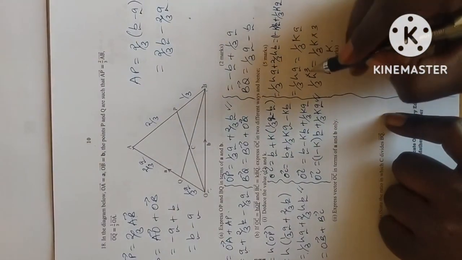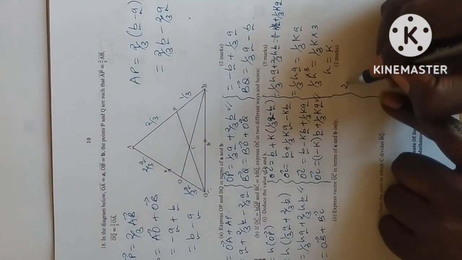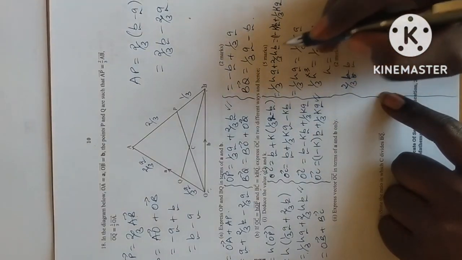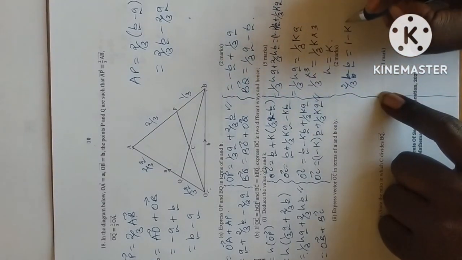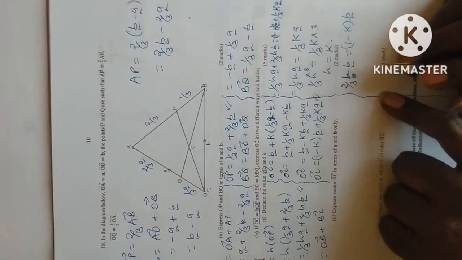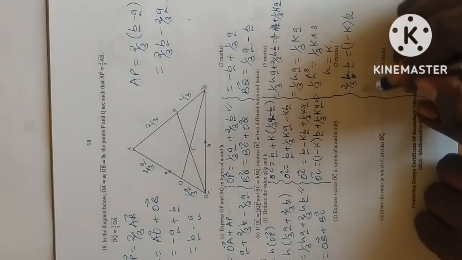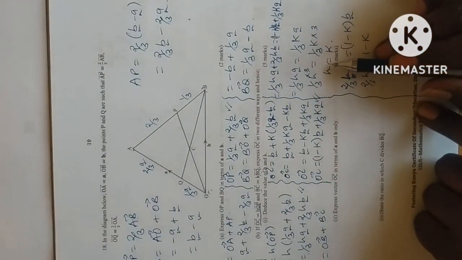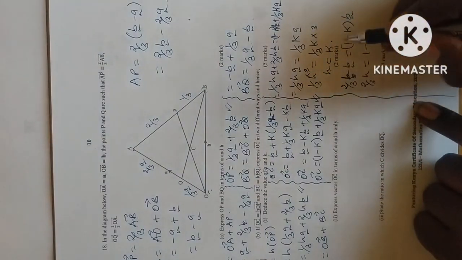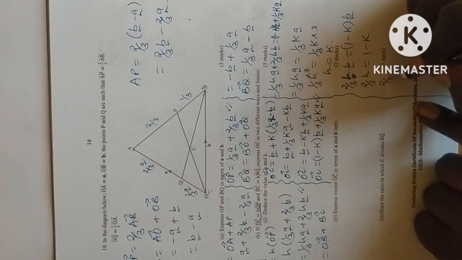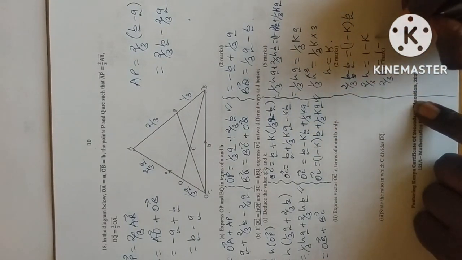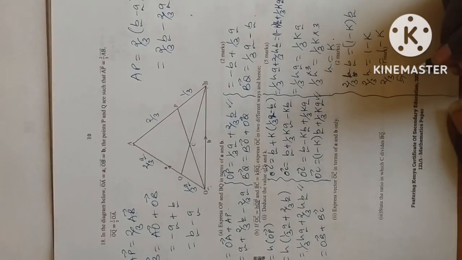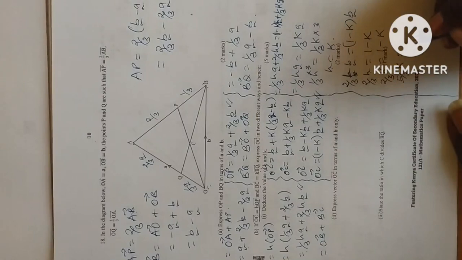Now we move on. We have equated the ones for A, so we equate the ones for B. It will be 2 over 3 H vector B equivalent to 1 minus K vector B. We drop B because it is common on both sides, so we have 2 over 3 H equivalent to 1 minus K. But we have been told that H is as good as K, so in place of H we can introduce K. We will have 2 over 3 K is the same as 1 minus K. Bringing K to the other side, it becomes addition, so we have 5 over 3 K equivalent to 1.